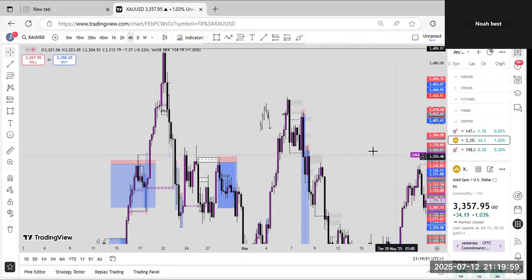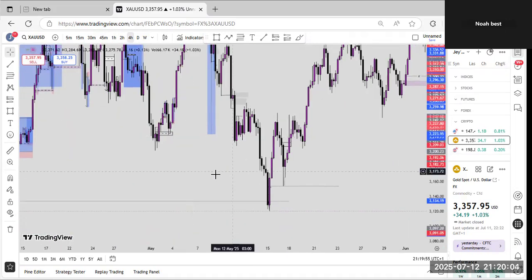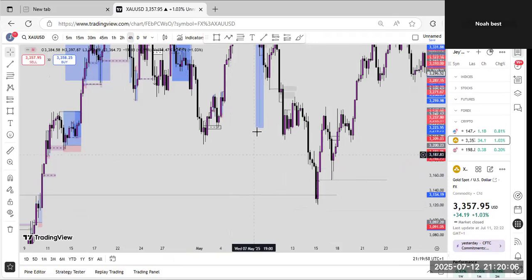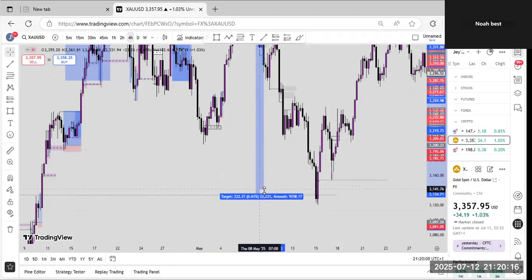I hope you understand. So you saw what price did here. So basically, we could even be targeting this particular zone because we know price is going to come to this place and react from it.